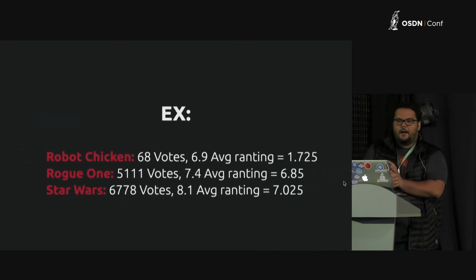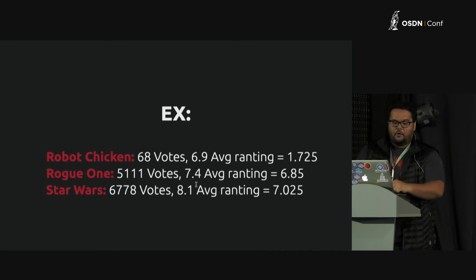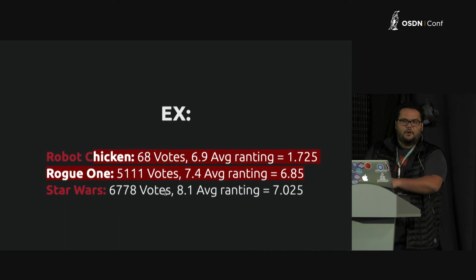For instance, if we use this confidence interval, Robot Chicken has 6.8 votes, an average of 6.9 stars, and the confidence is 1.7. While Star Wars has more than 6,000 votes, 8.1 average, and more than 7 in confidence. So you can use this confidence function to combine number of votes and stars to have a meaningful number.